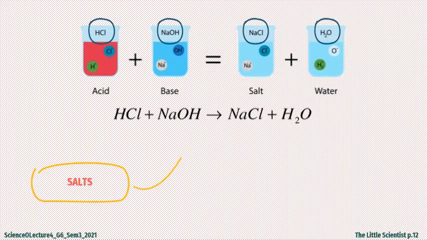Mixing an acid with a base, here HCl as an acid and NaOH as a base, results in a chemical reaction and gives NaCl, which is a salt, and water.